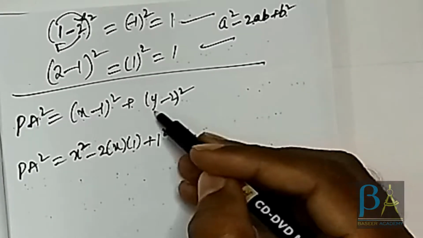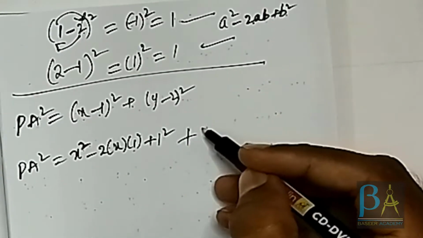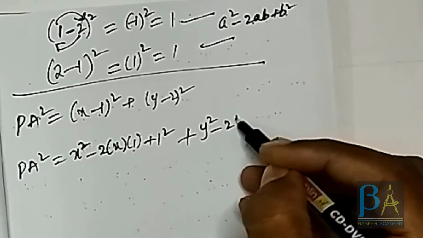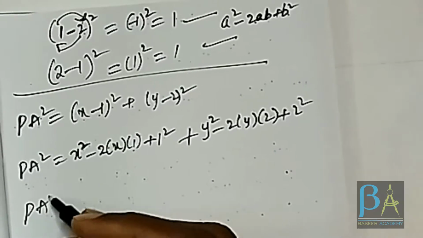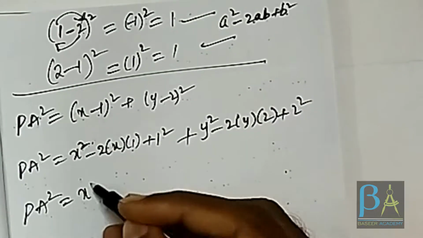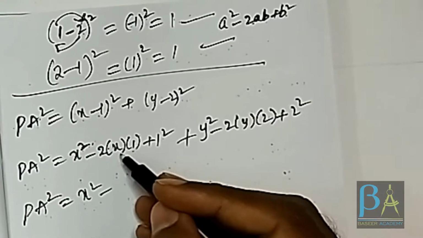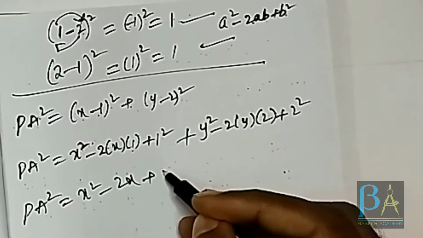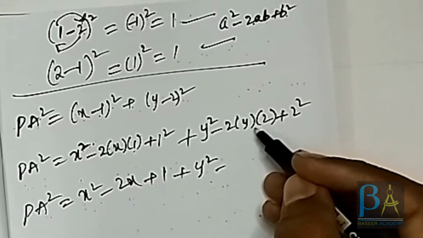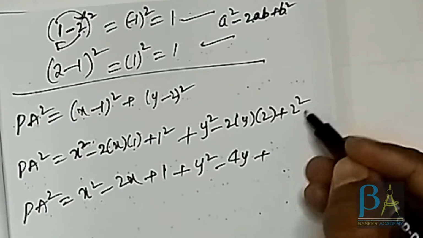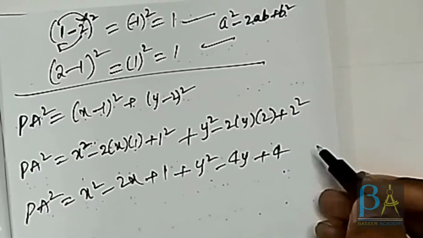Let us expand this also using a minus b whole square. A minus b whole square is a square minus 2ab plus b square. So PA square is going to be x square minus 2 into 1 is 2, 2 into x is 2x, 1 square is 1 into 1 which is 1, y square minus 2 into 2 is 4, 4 into y is 4y, 2 square is 2 into 2 which is 4.